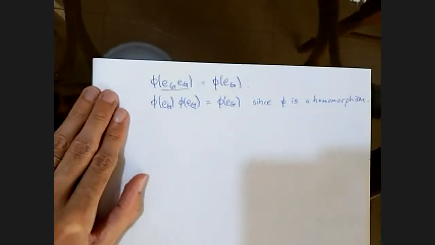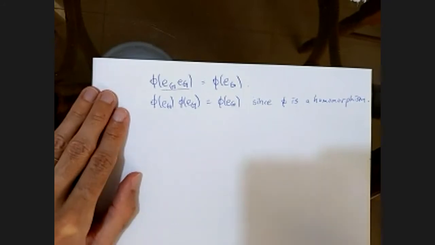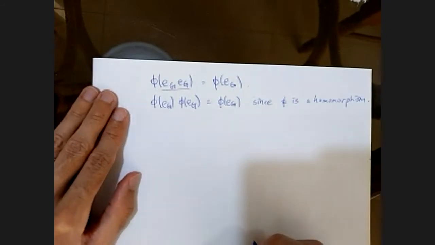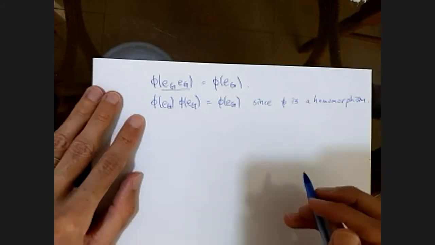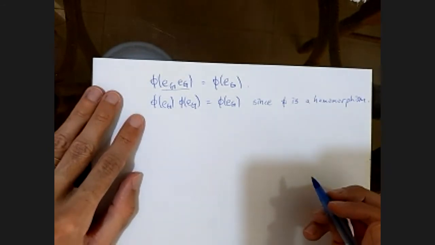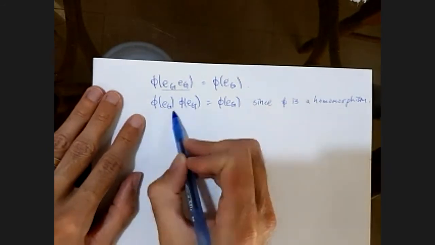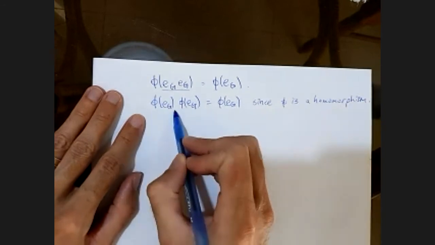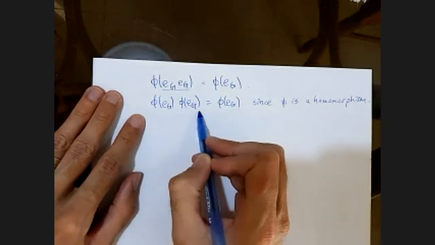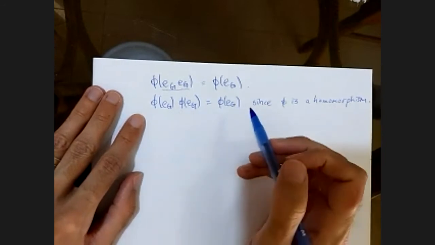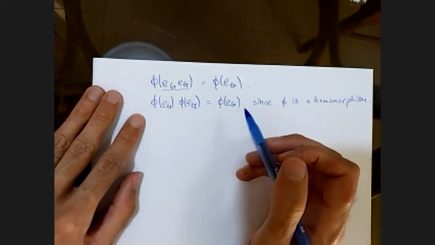Now we have phi of e_G times phi of e_G equals phi of e_G.